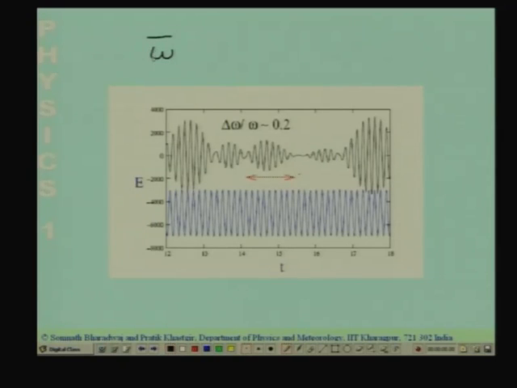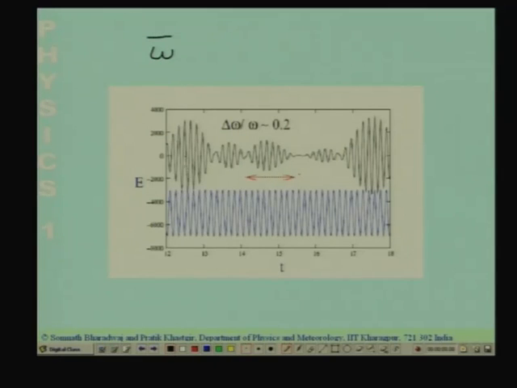The amplitude of this fast oscillation, so you have this fast oscillation. If it were a pure sinusoidal, it would look like this, but it is not a pure sinusoidal, it is a superposition of many frequencies centered around this value.